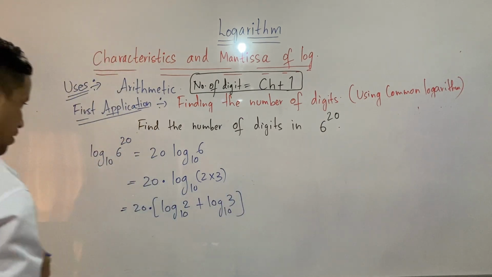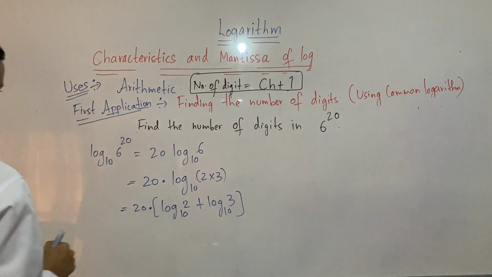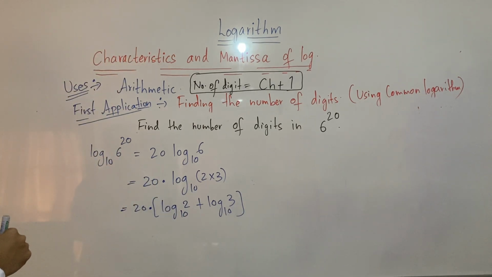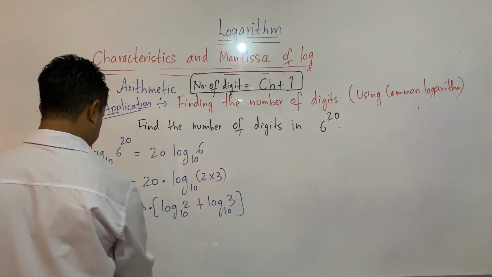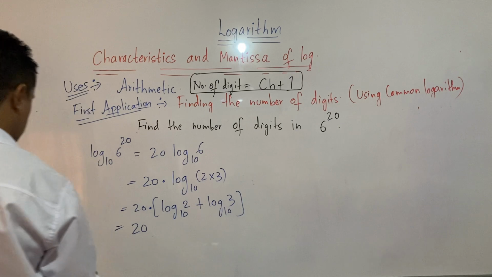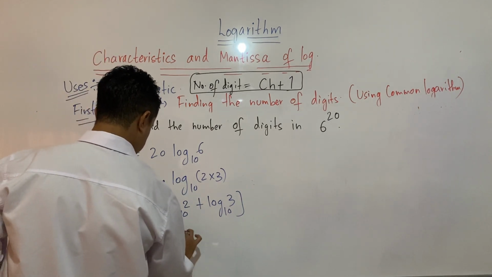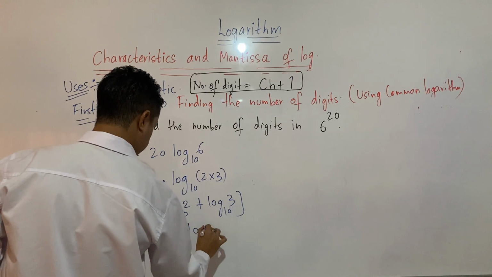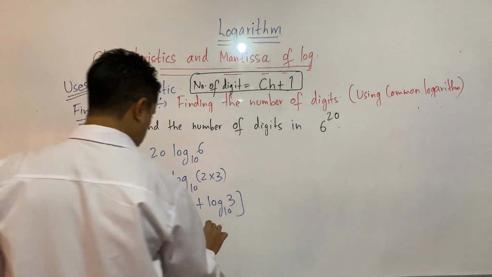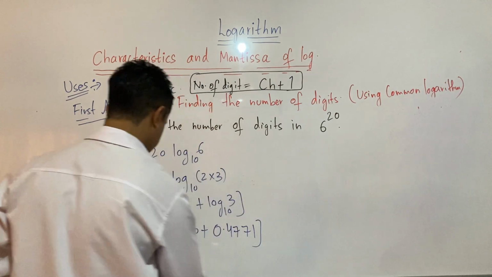Okay, right? So here it is going to be 20, and here log of 2 is 0.3010, and log of 3 is 0.4771, right?